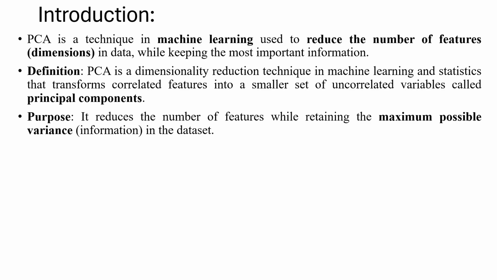So what is the purpose of doing this? The main goal of PCA is to reduce the number of features while still retaining the maximum possible variance in the dataset. Variance here simply means information or spread in the data. So we are throwing away the less useful parts and keeping only the most meaningful parts.